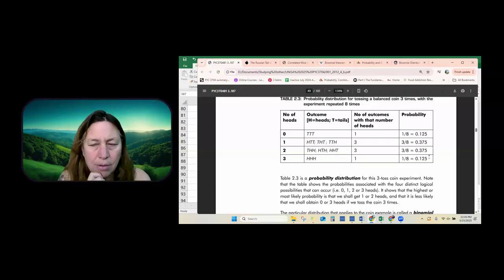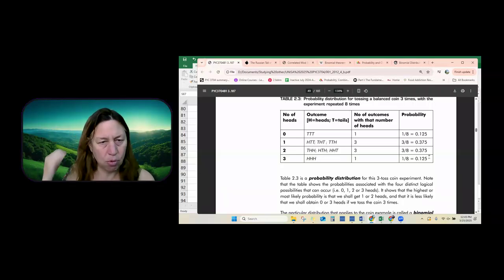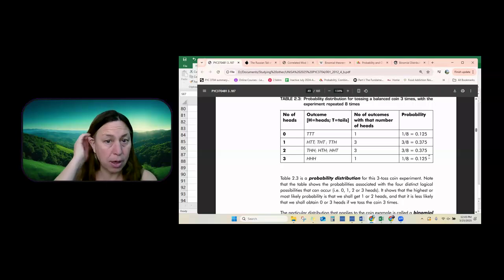So if we look at probabilities, if you threw a coin 3 times, and you repeated that experiment 8 times, you can work out the probability of throwing no heads, 1 head, 2 heads, and 3 heads in that 8 times.